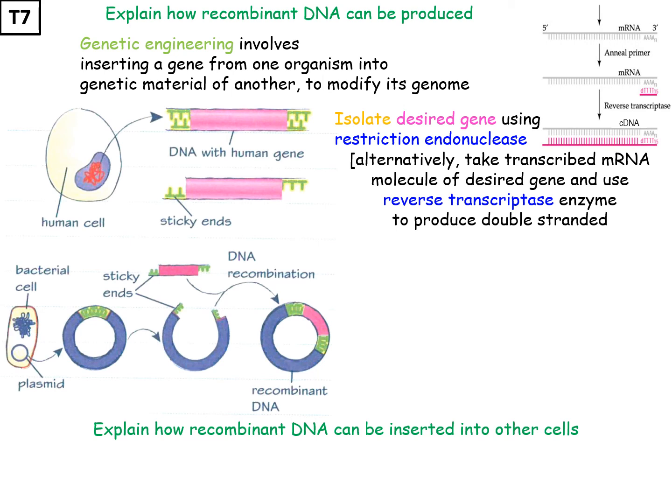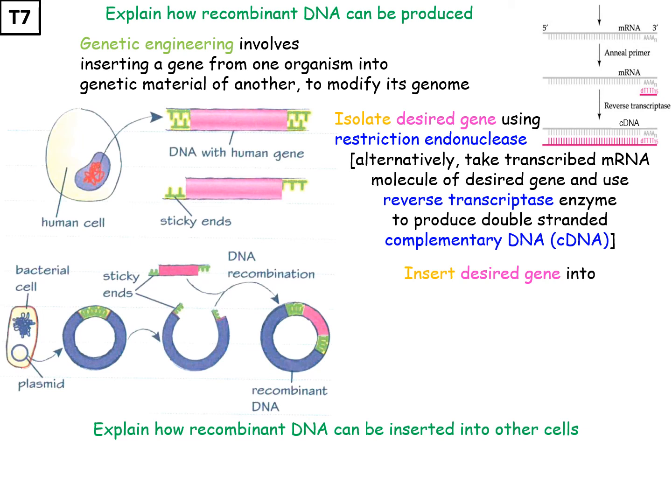But because you started off with mRNA, we would call it complementary DNA or cDNA, but it would still have the same order of bases or DNA sequence as the isolated desired gene that you got using restriction endonuclease.